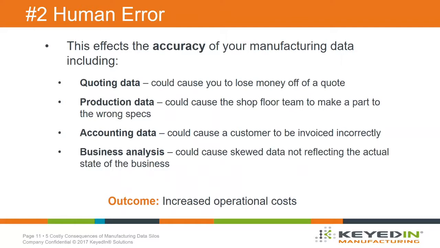For example, let's say that I'm an estimator and I don't have visibility to the last cost of a particular material item. What often happens, that estimator or the engineer maybe goes off his gut, or maybe has to take additional time researching, again, in these disconnected systems, or potentially even calling the vendor and wasting time doing that, when maybe someone else in the organization has that data but is not sharing that data with the rest of the company.